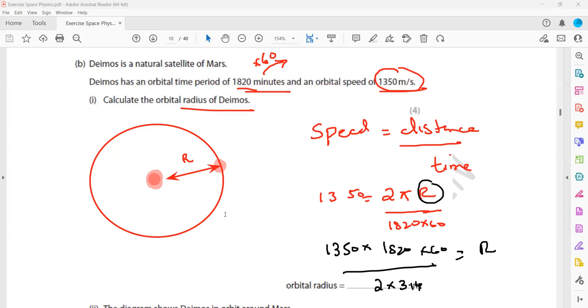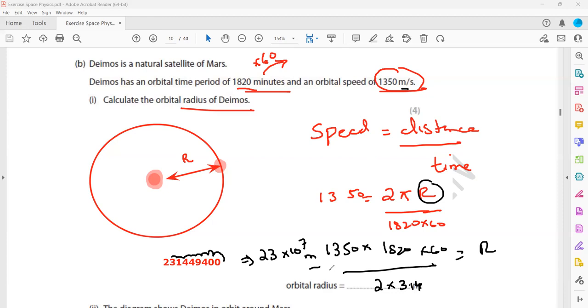We count the decimal places 1, 2, 3, 4, 5, 6, 7, till 7, so I will say 2.3 times 10 to the power 7. And the unit, because the speed was in meters per second, will be meters. If the speed was in kilometers per hour, then the final answer will be in kilometers.